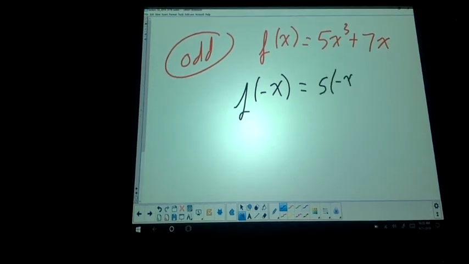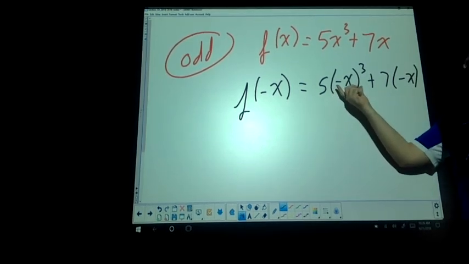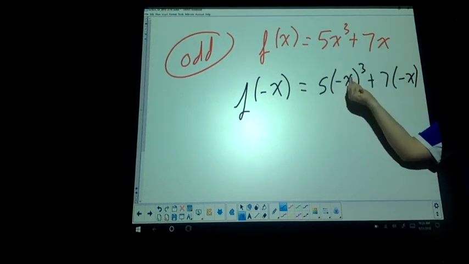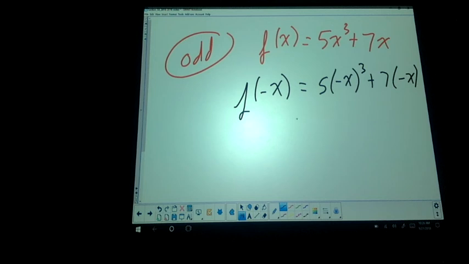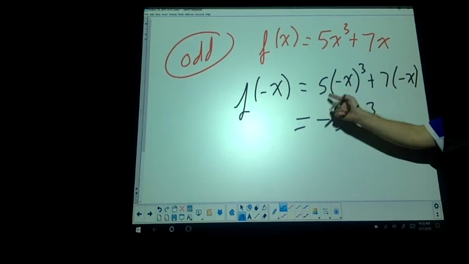So again, I plug negative x in for what my original x value was. What is negative, negative, negative multiplied together? Negative. Agree? And then I get x times x times x is x to the third. Does everyone agree how I went from here to here?